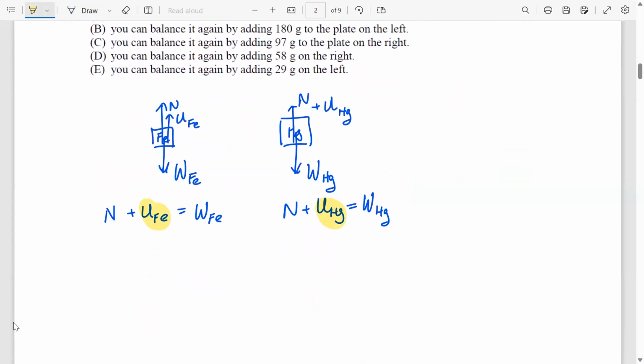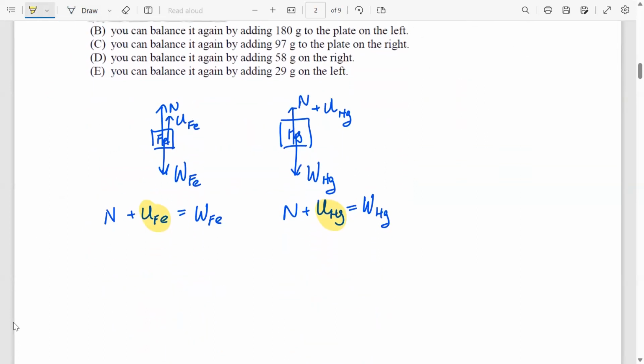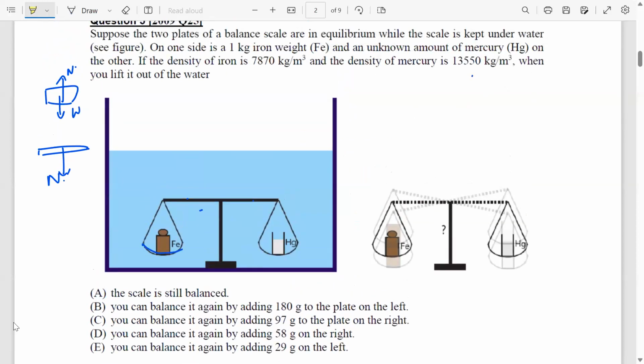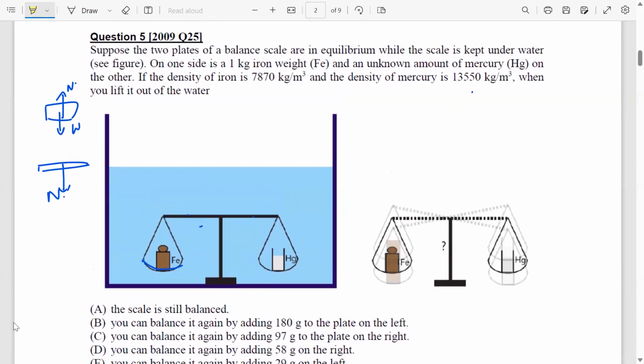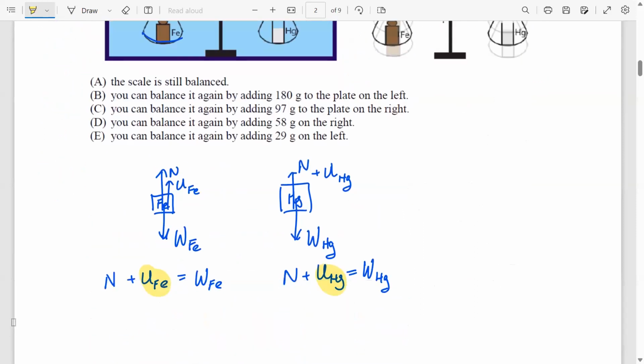What will be lacking is that we don't have the actual weight because we only have the density. To get the weight, we need the mass, which means we need the volume. For the iron, it's straightforward: it's going to be 1 kg. We don't know the mass of the mercury, and that's what we need to find. That comes from finding the volume, so that comes from here.